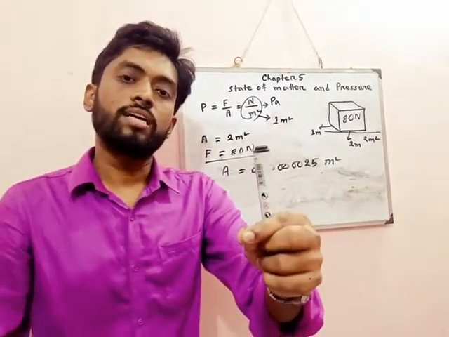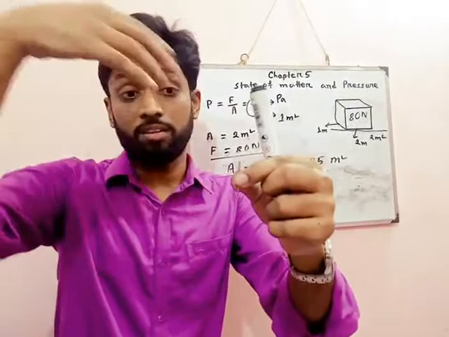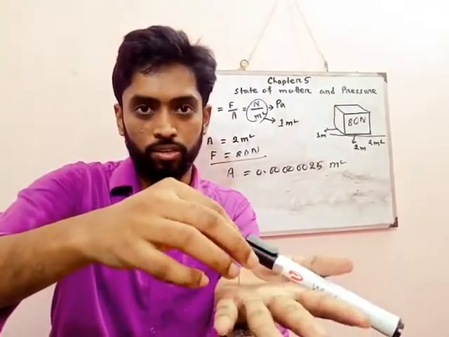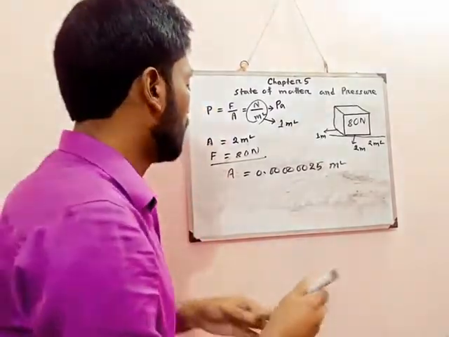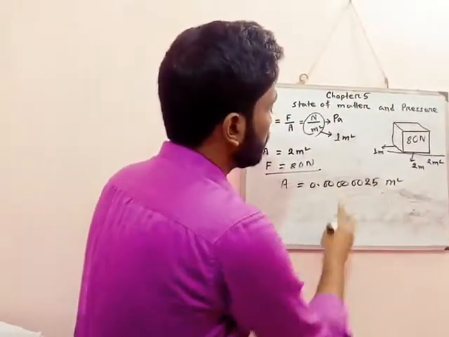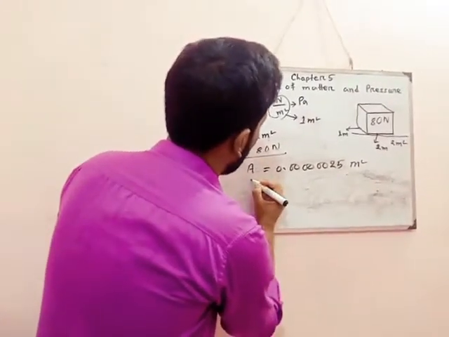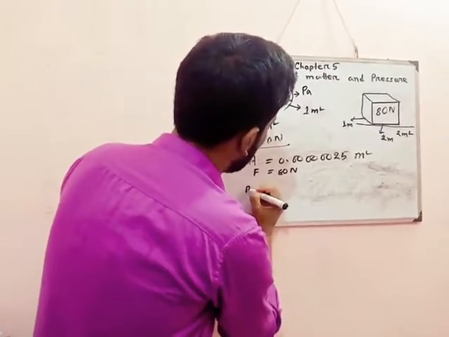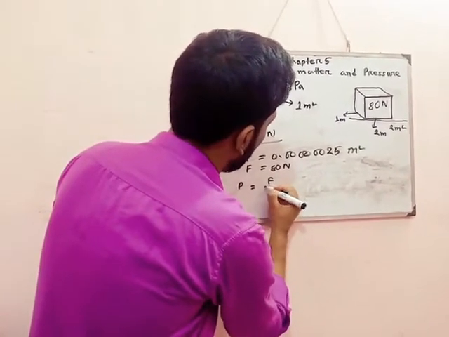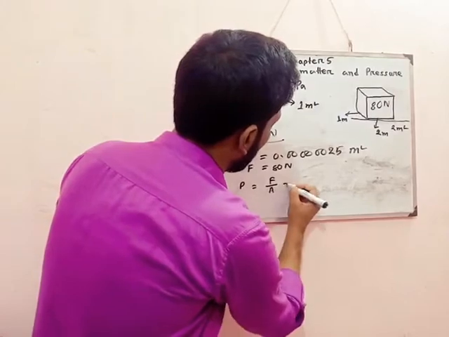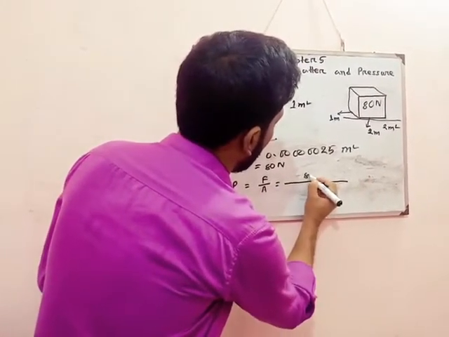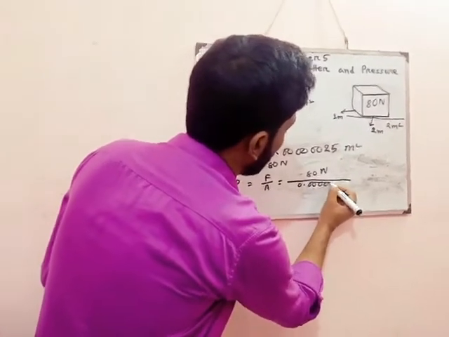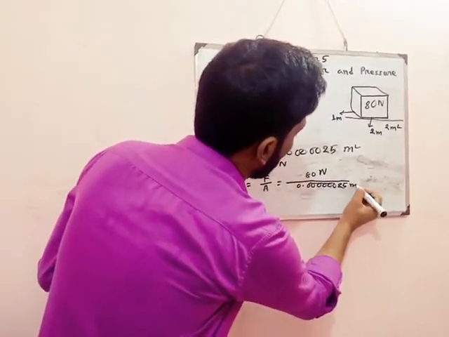Now calculate the amount of pressure exerted by this pin on the table. Here the area is 0.00000025 meter square and the force was 80 Newton. So pressure will be force divided by area, equal to 80 Newton divided by 0.00000025 meter square.